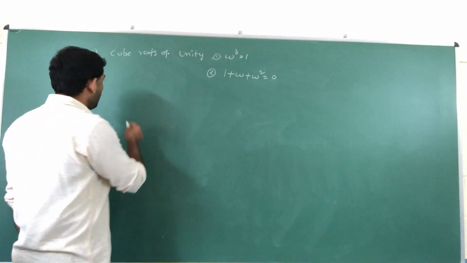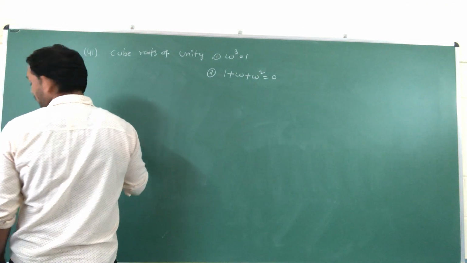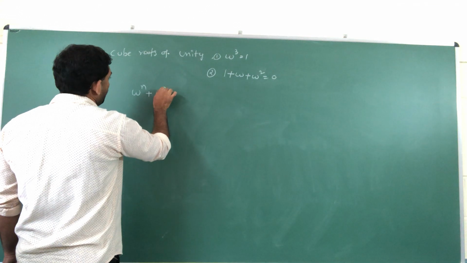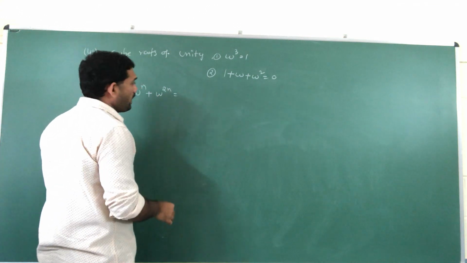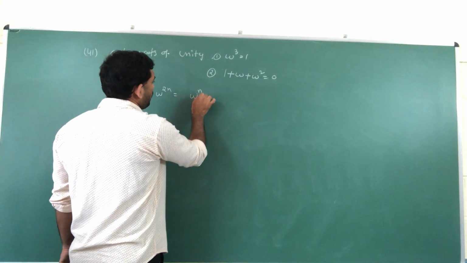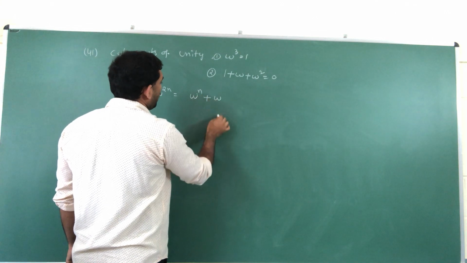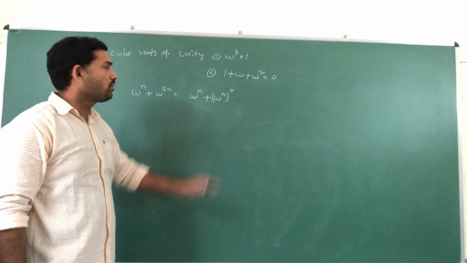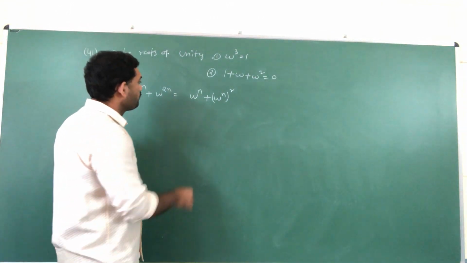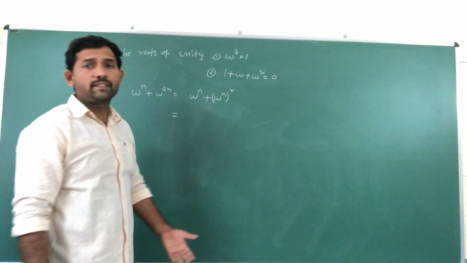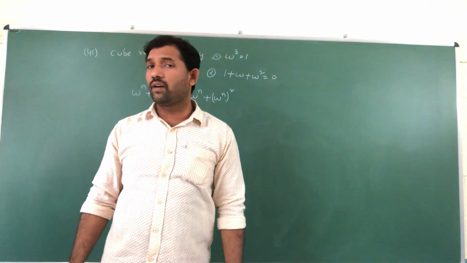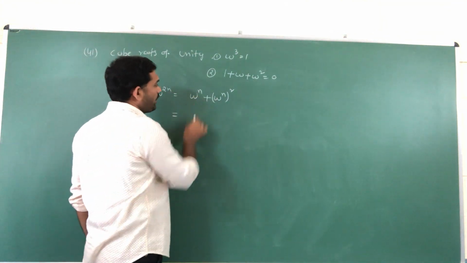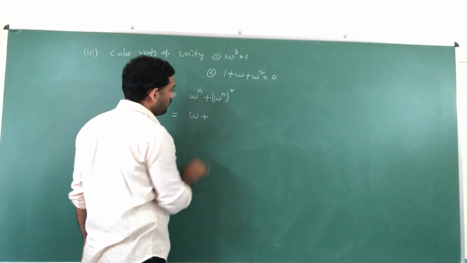So what is given here in the first question? Omega to the power n plus omega to the power 2n. It can be written as omega to the power n plus omega to the power n whole squared. So you take omega to the power n common. Since n is not a multiple of 3, omega to the power n becomes omega.